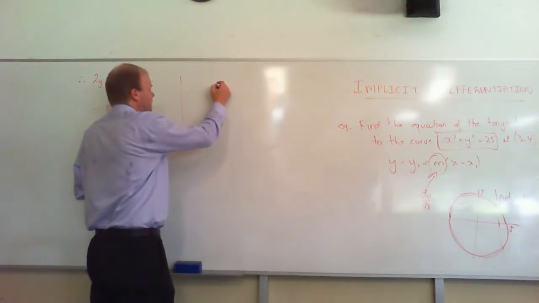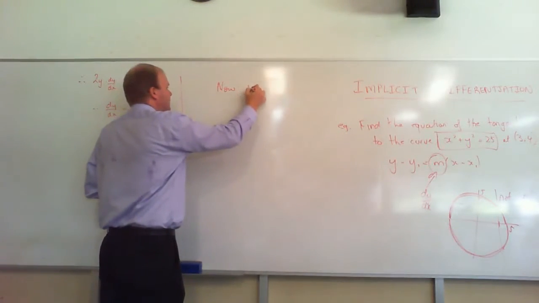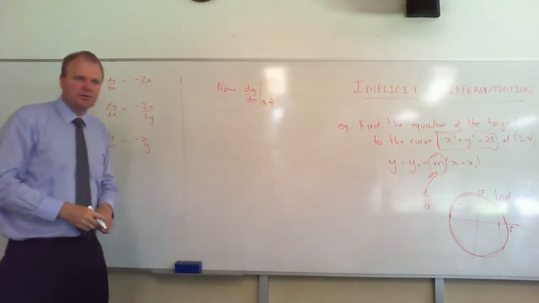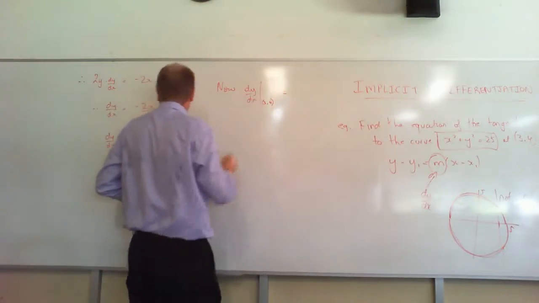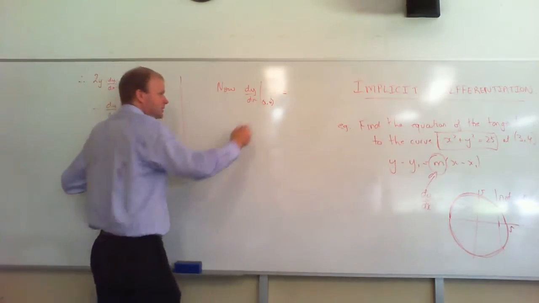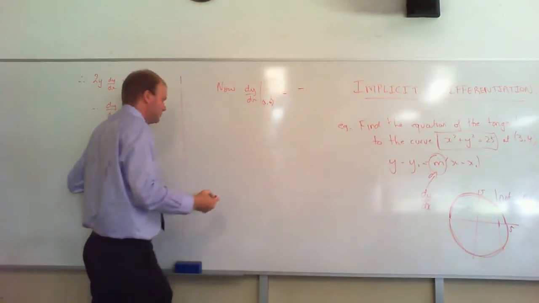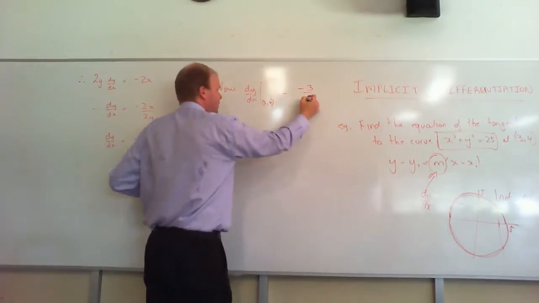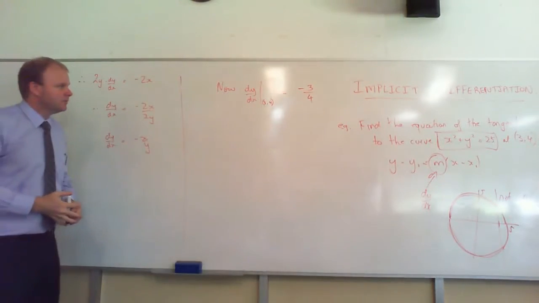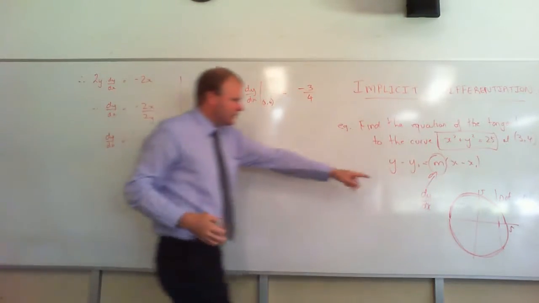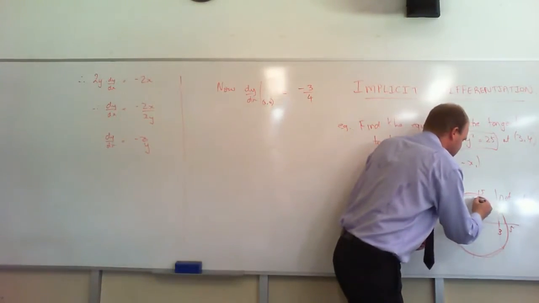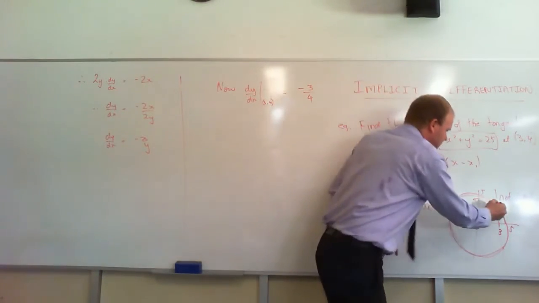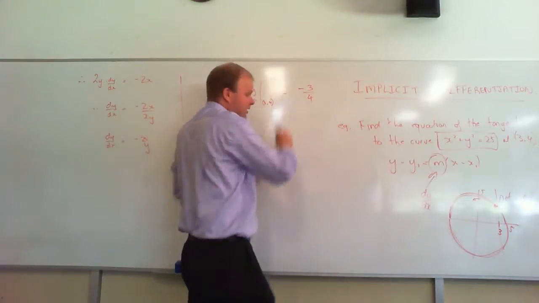So we could say, now, dy dx evaluated at 3, 4, the notation we can use there, is equal to, straight on from this, negative x, so negative 3 over the y value, which was 4. So the gradient on this curve at the point 3, 4, at this point here, is negative 3/4.